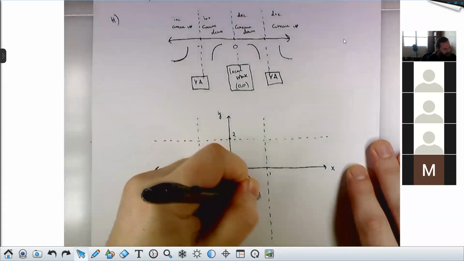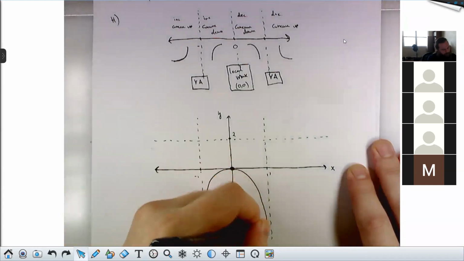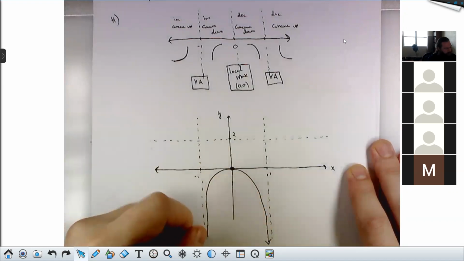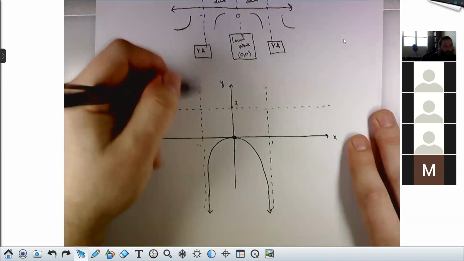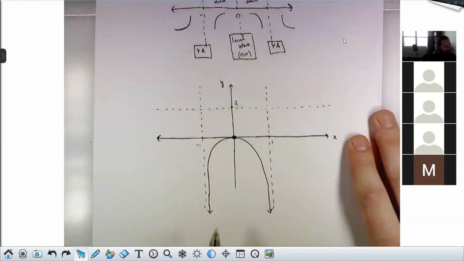And run away from it like this. And since I know that these are vertical asymptotes, that tells me how I approach those vertical asymptotes, right? It tells me I can't be going up here. I'm increasing up to this max and decreasing away from this max. Everybody with me?